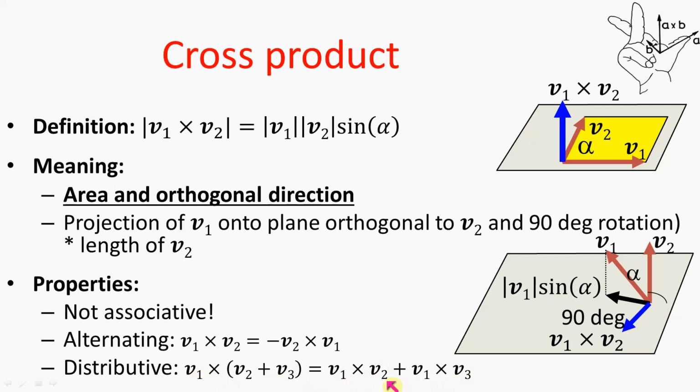The proof that cross product is distributive is based on our geometric interpretation because again, cross product is a projection and we have seen that projection is a distributive operation, plus a 90-degree rotation, and rotation is also a distributive operation, and finally a scaling, and scaling is a distributive operation as well.